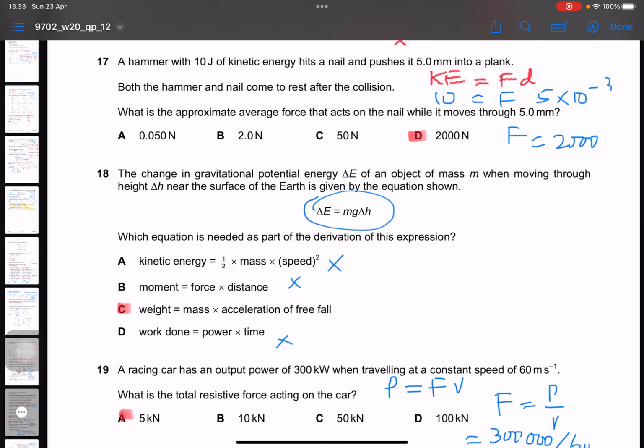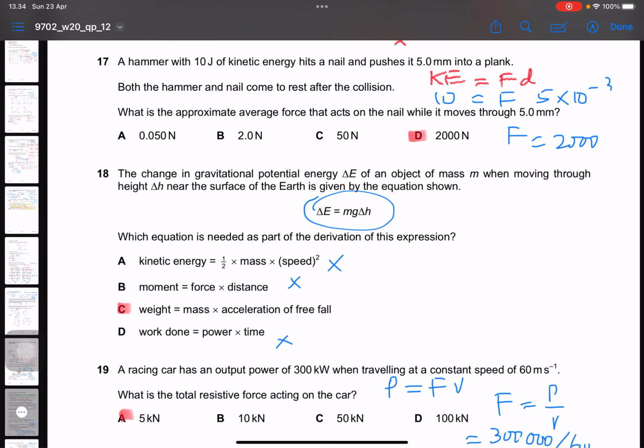17. A hammer with 10 joule of kinetic energy hits the nail and pushes 5.0 millimeter into the plank. Both the hammer and nail come to rest after the collision. What is the approximate average force that acts on the nail while it moves through 5.0 millimeter? Here we use work done.